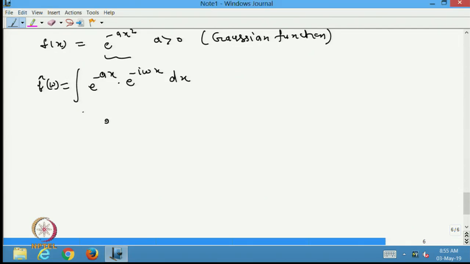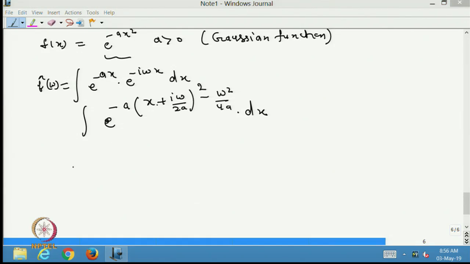So, how can I write down a x plus I omega? I can always add and subtract something. So, using that terminology I have done that.